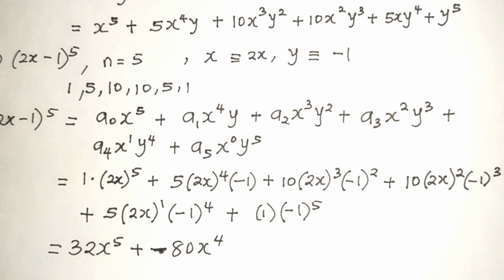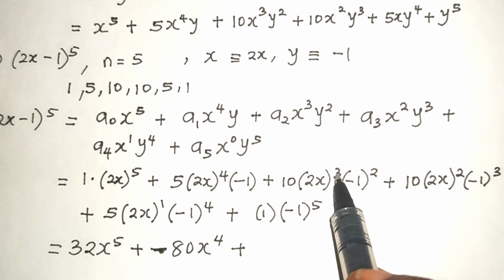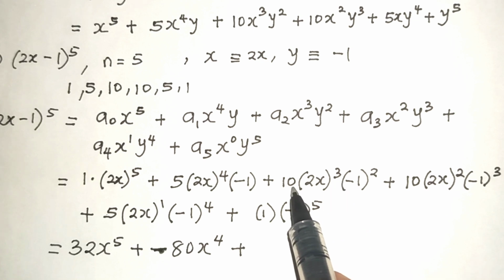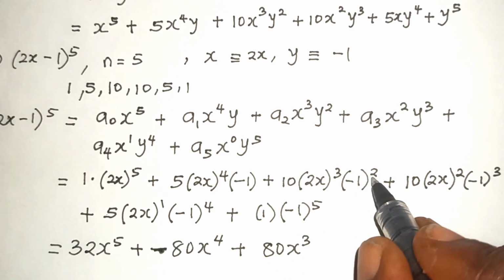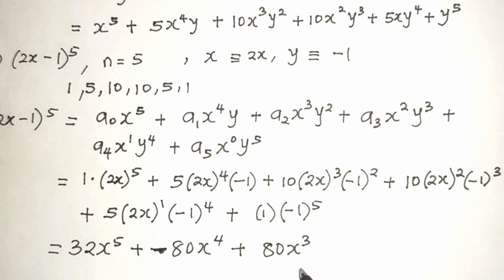Then the next term is 2 raised to the power 3, which gives 8. 8 times 10 is 80, 80x^3, and (-1) squared is 1.